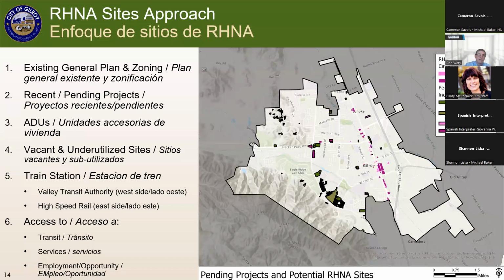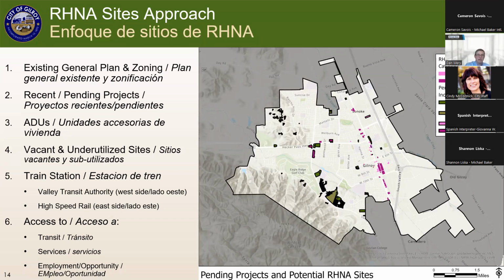And then the moderate and above moderate sites, which are lower density, single family homes, and maybe some low density townhouses and apartments or duplexes, will be shown in kind of the green colors. And so the higher density things will be showing those purples, the dark purple being the highest density sites. And then the main difference is the pending sites are shown with a black outline around them. And the new sites don't have that black outline.